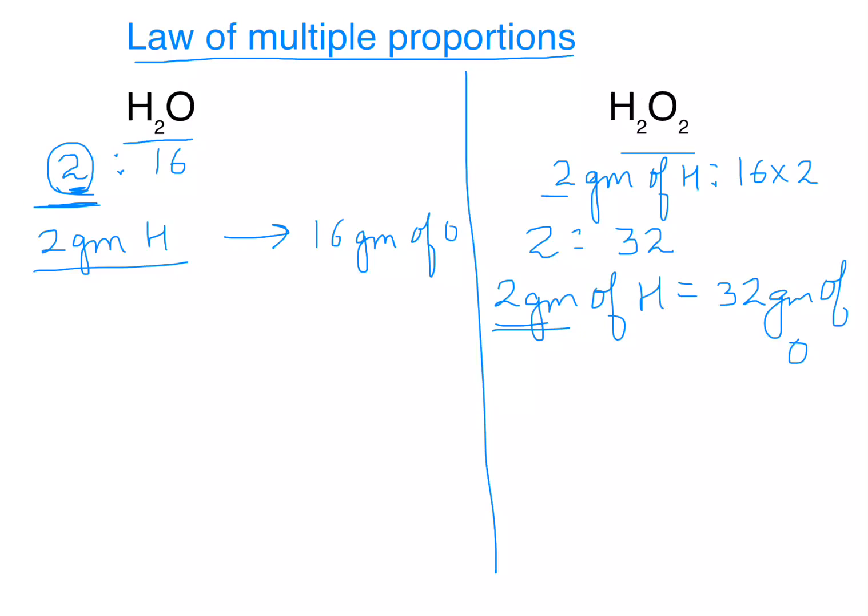So let us find out the weight of oxygen in each of the two cases, which is combining with a fixed weight of hydrogen, and that is 2 grams in this case.